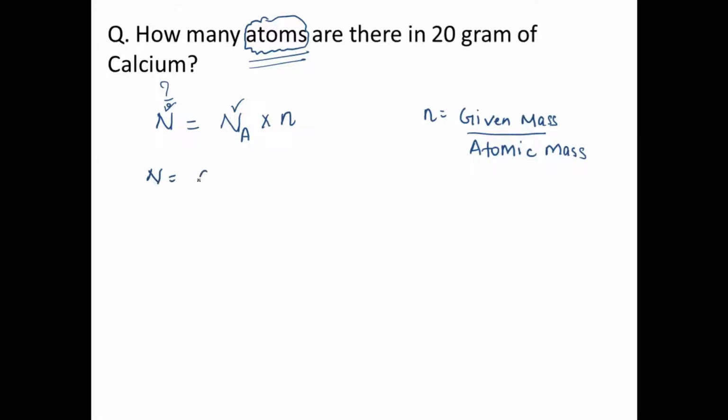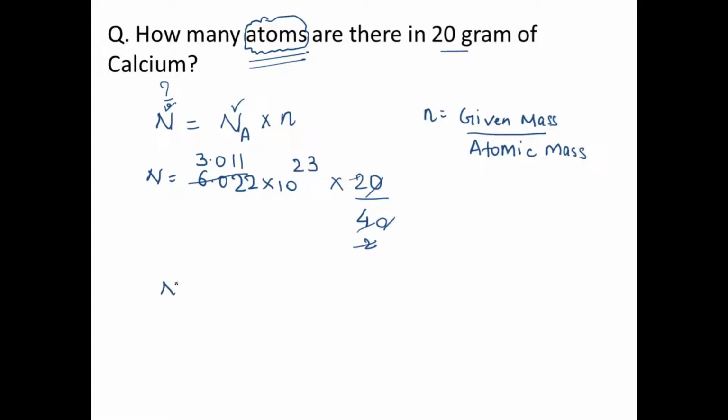So Avogadro number is 6.022 times 10 raised to the power 23 times number of moles. So number of moles is equal to given mass, which is 20, divided by its atomic mass 40. So we cancel, and 2 times 6 is 12, 2 times 1 is 2.